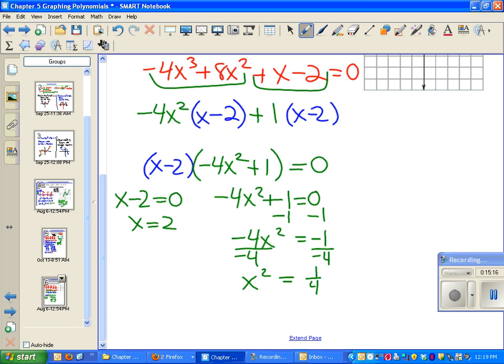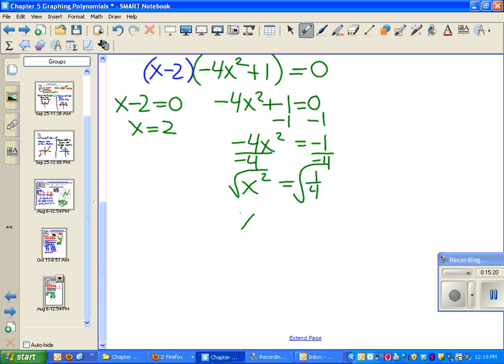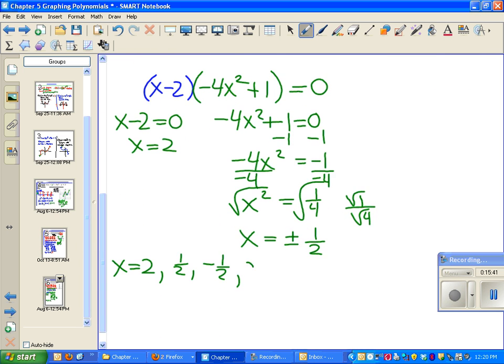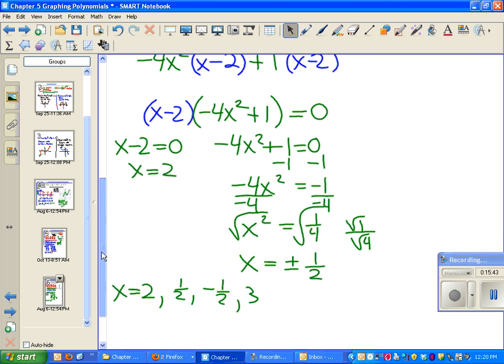Okay, and then to undo the square, I have to square root both sides. So I have x is equal to plus or minus. Again, I can split this up. This is the square root of 1 over the square root of 4, and that would be 1/2. So plus or minus 1/2. So my x-intercepts are 2, a positive 1/2, a negative 1/2, and the original 0 they gave us, which was 3. Okay. All right, so we'll come back to those.